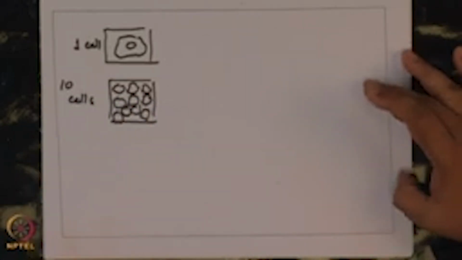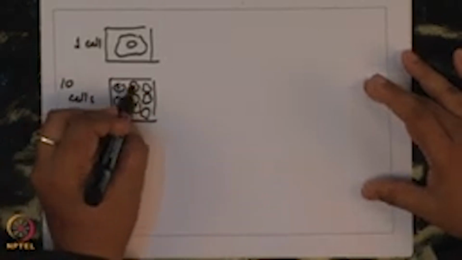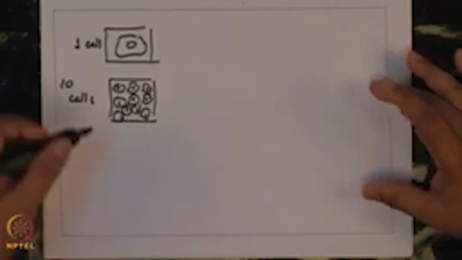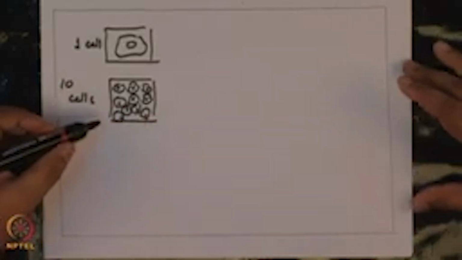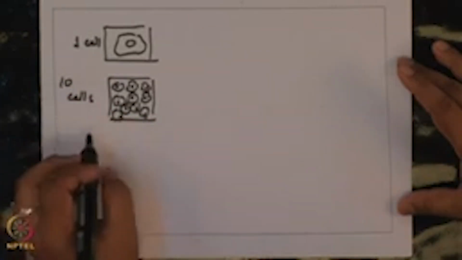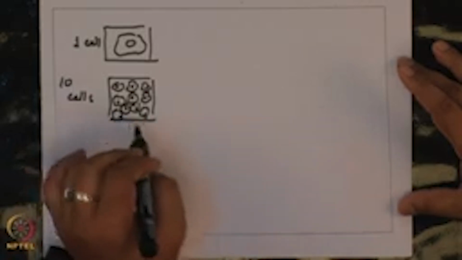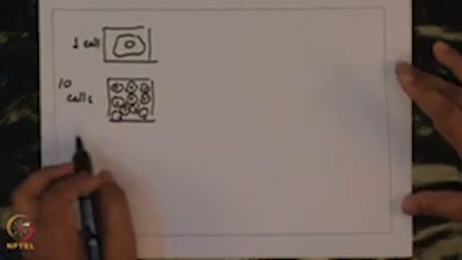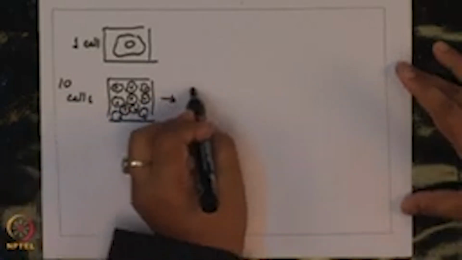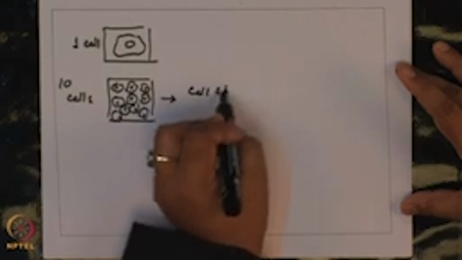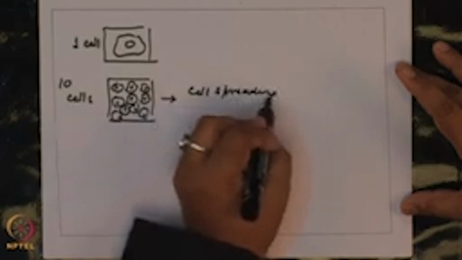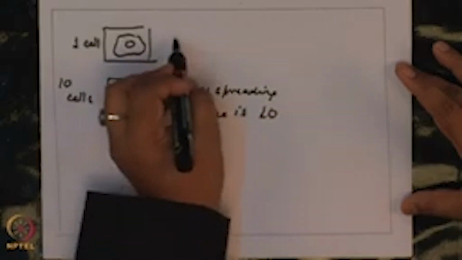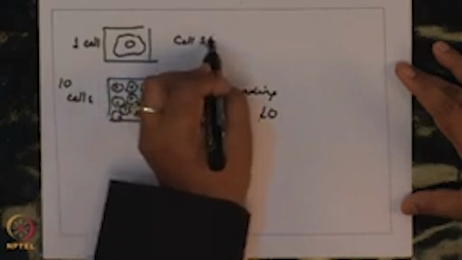Okay. So, what you see is that one of the indirect consequences of plating cells at a high density is that the allowable area for a single cell to spread is a lot less. So first of all, your cell spreading area is low here, and here cell spreading area is high.